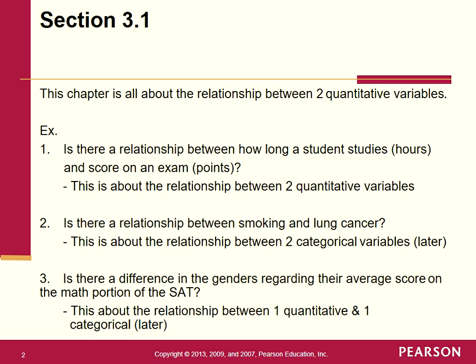This is about the relationship between one quantitative and one categorical variable. That'll also be later in this semester. I just wanted to bring up that just because we're talking about the relationship between two variables, they don't always have to be quantitative. There are other types of situations that we can run into.